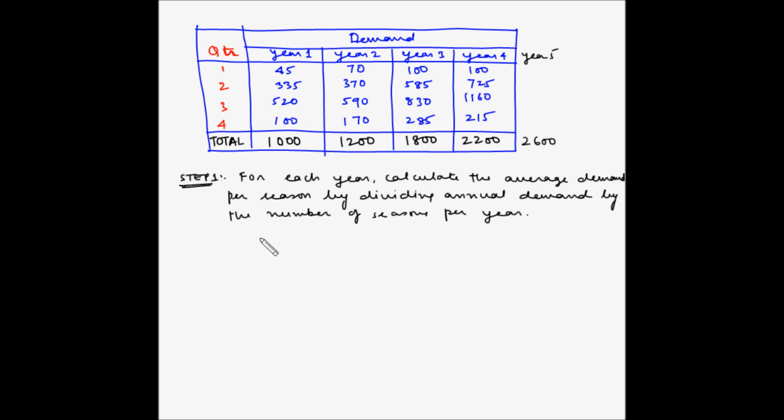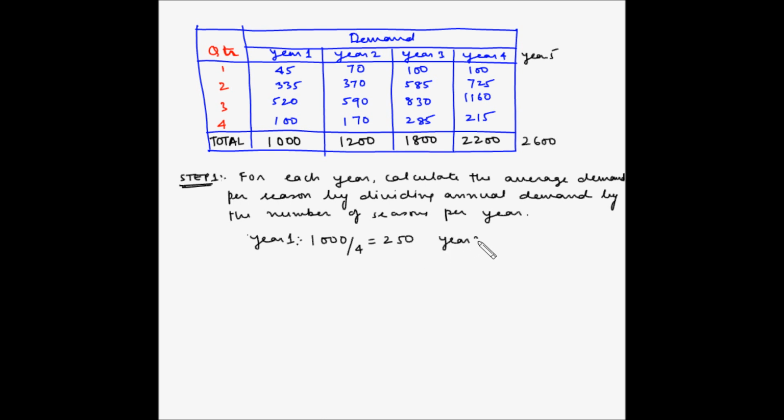So for year number 1, the total demand is 1000, and the seasons here are the quarters, so we have 4 seasons per year. Divide by 4, and this is equal to 250.